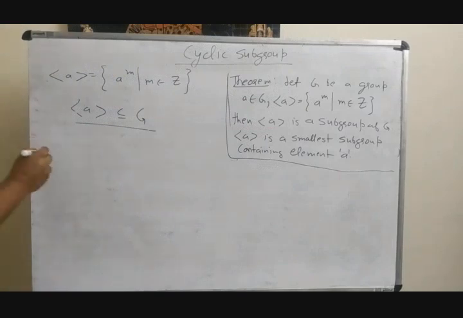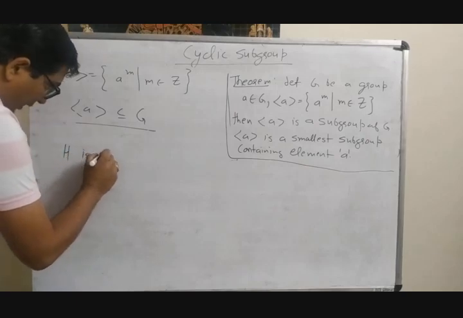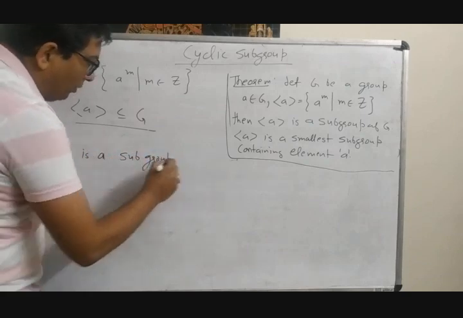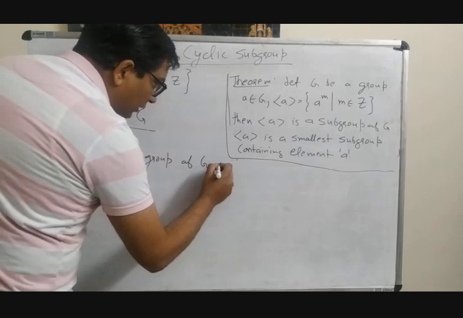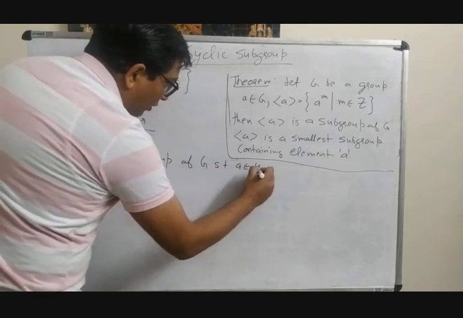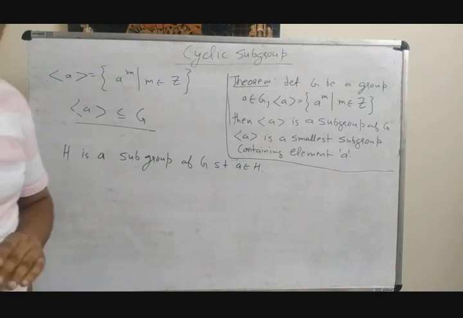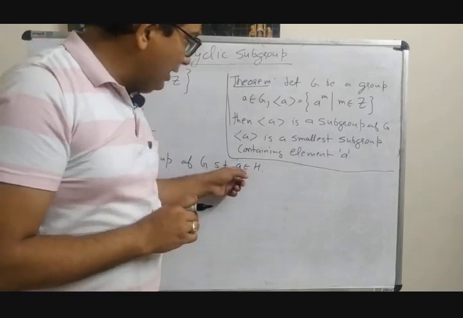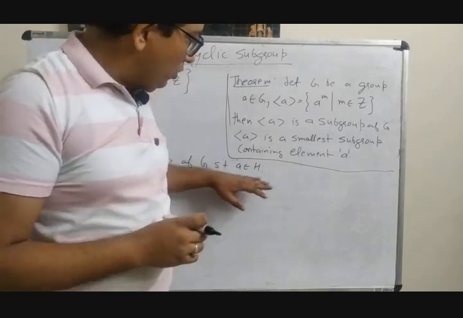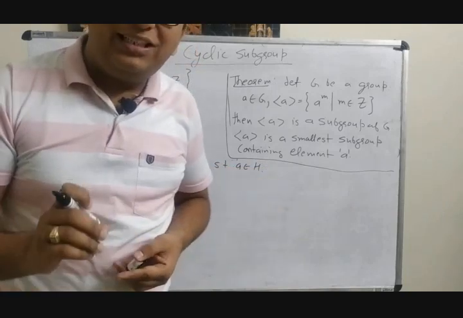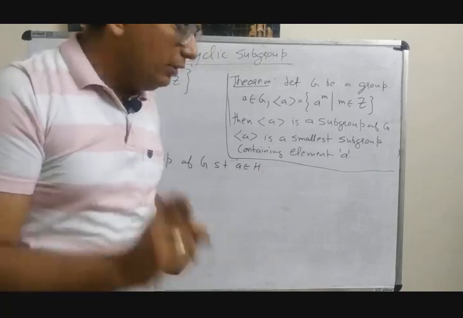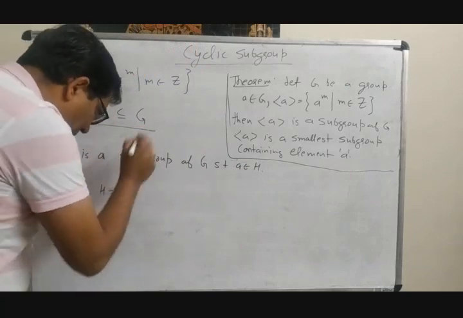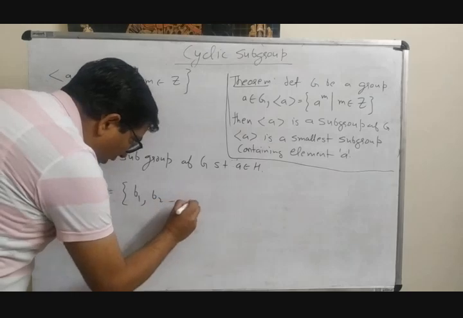Let us suppose H is a subgroup of G such that a belongs to H. So we take H, a subgroup of G, and the element a belongs to H. Now, what type of elements will this set H have? In H, you must have elements, say b1, b2 and so on.